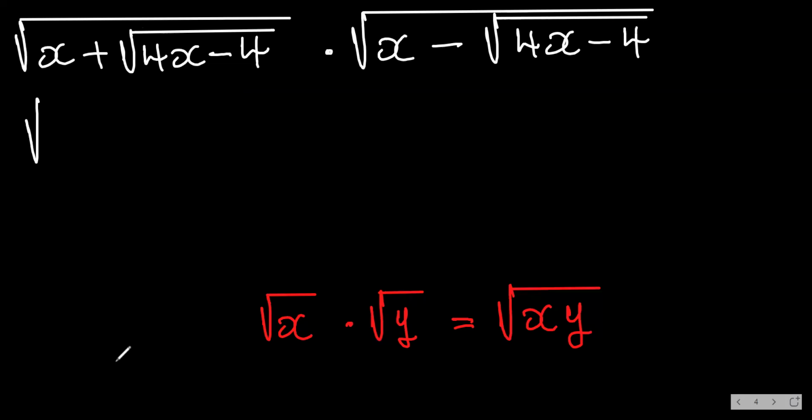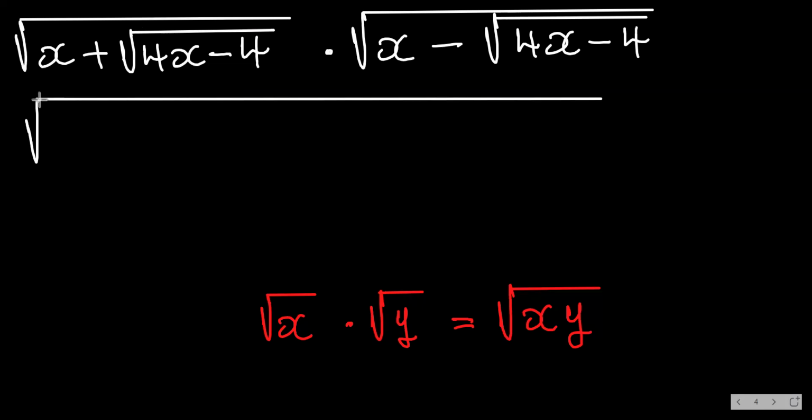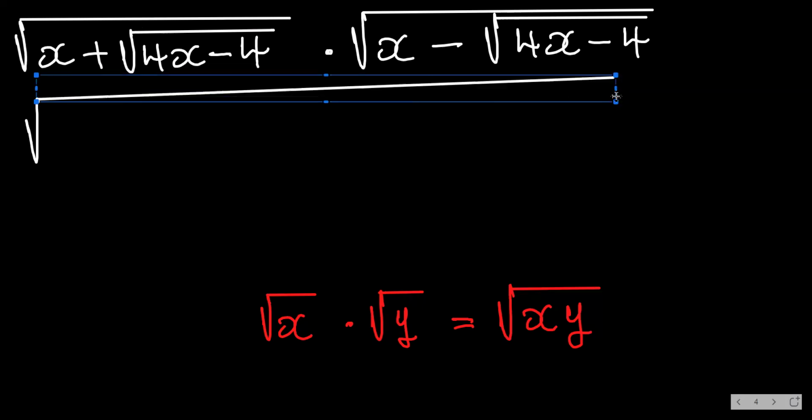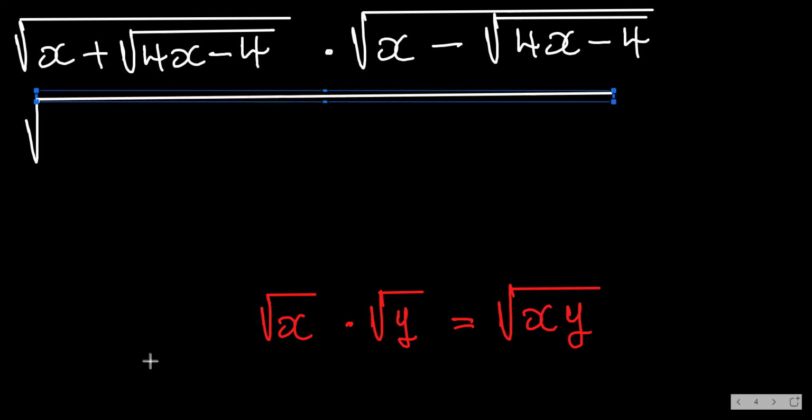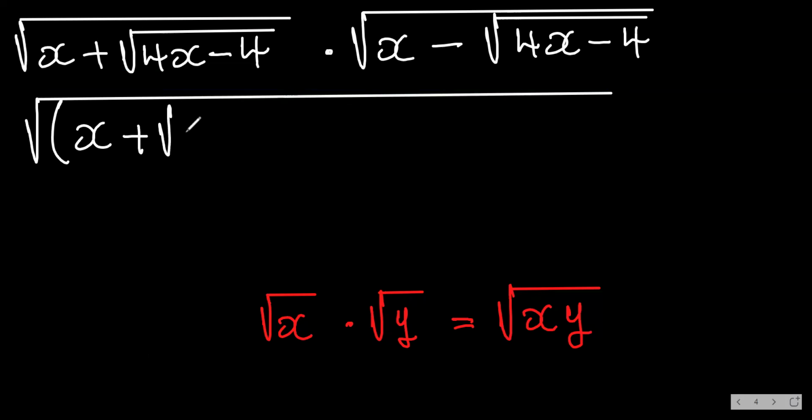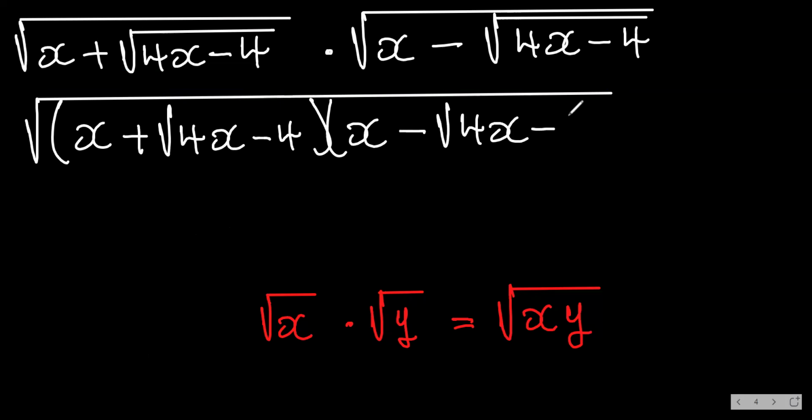So we will be having the big square root, but it's the square root of what? Well, in the first bracket, we're going to have x plus square root 4x minus 4, and I'm opening brackets because we now have two terms multiplying two other terms as well. So yes, this is what we will have.